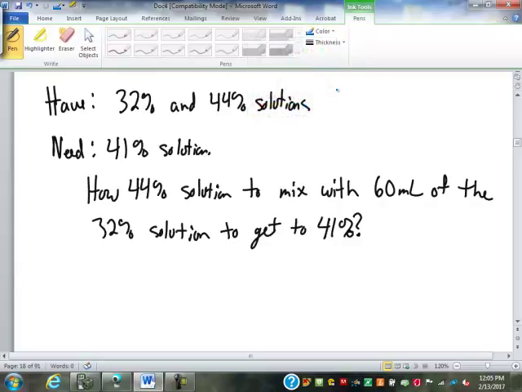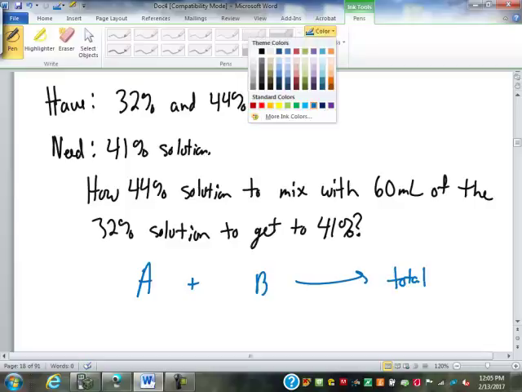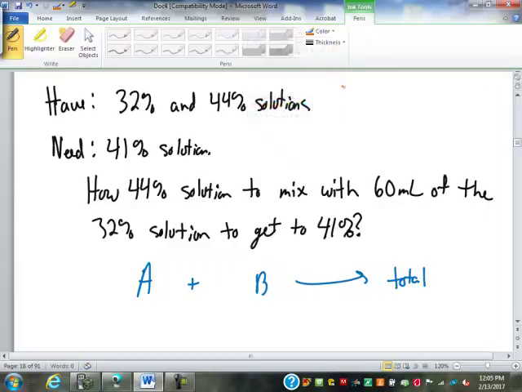So again, we have two amounts that are going to add up to our total. What percent is the first one of our ingredients? What's the percentage? One of them is going to be 32%. The other one's going to be the 44%.